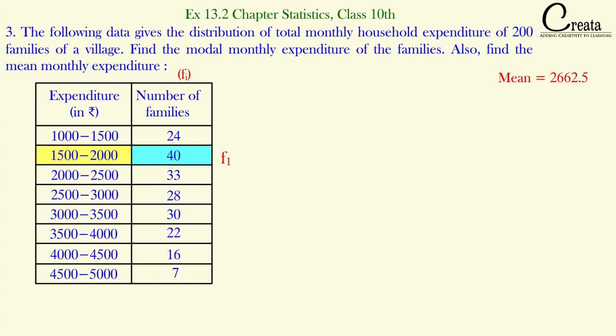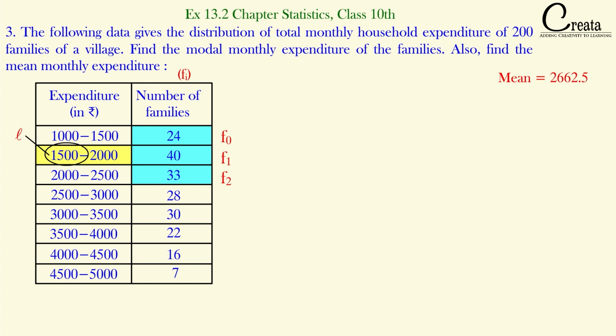And we know the frequency before our modal frequency, it is f0, and the frequency after our modal frequency, it is f2. So f0 it is 24, f2 it is 33. Note that f0, f1 and f2, these all three frequencies are in sequence. Our next step, we will calculate the lower limit of the modal class, which is L. So here L, it is 1500.